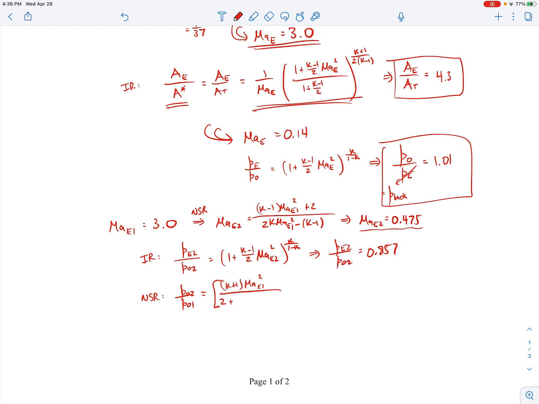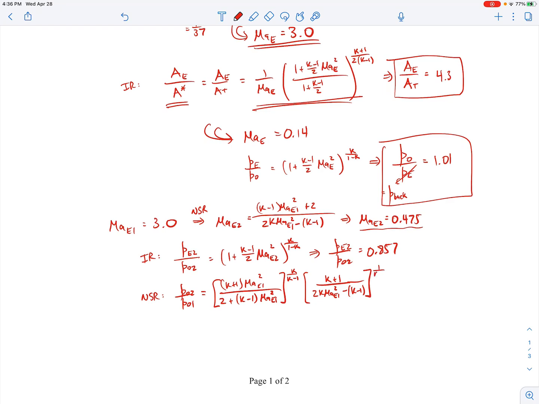Just bear with me while I write the whole thing out. Okay, I think I've written that out correctly, so we can solve for that. And so that gives us P02 over P01 is equal to 0.327. So you can see the stagnation pressure drops across that shock wave.